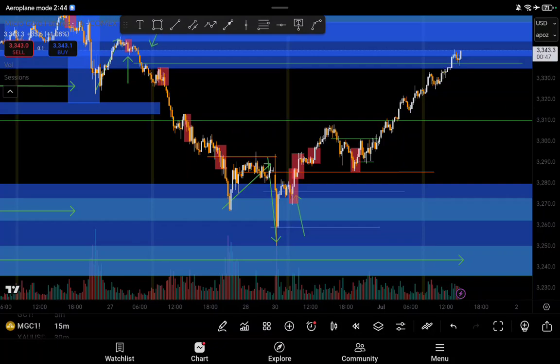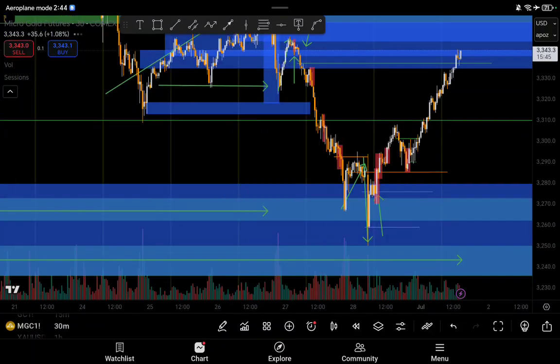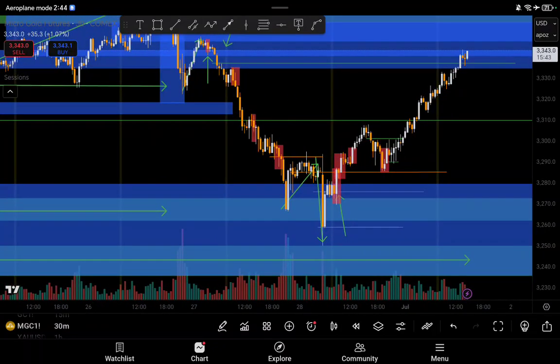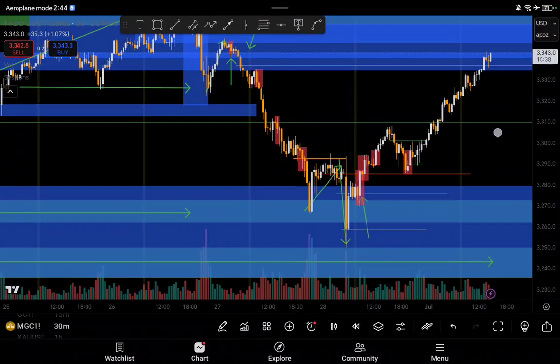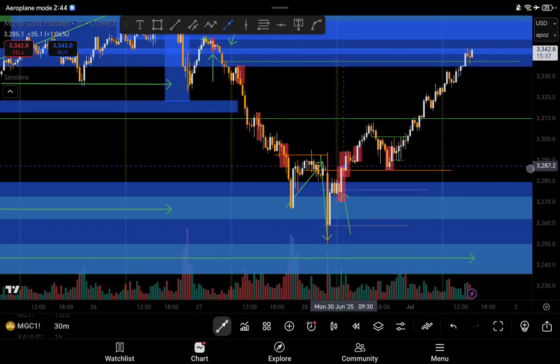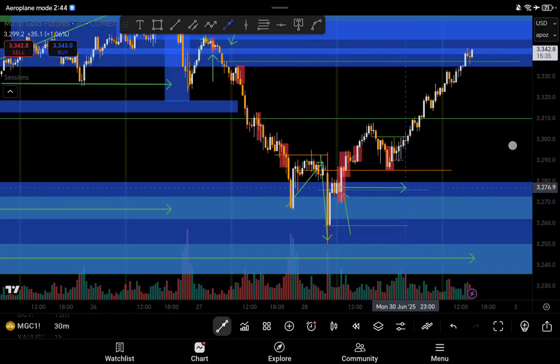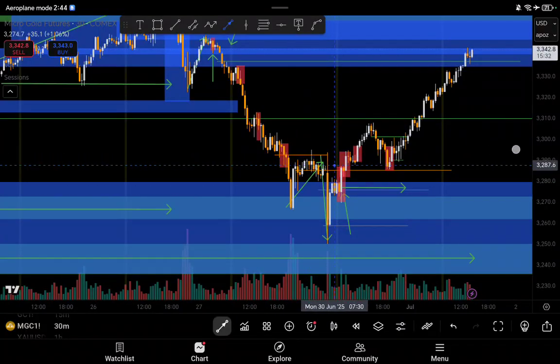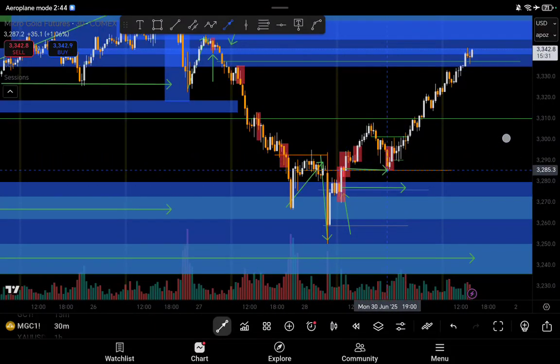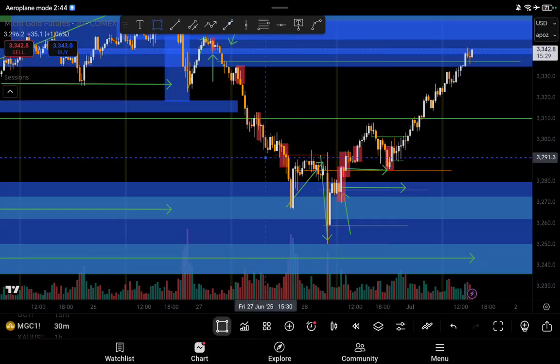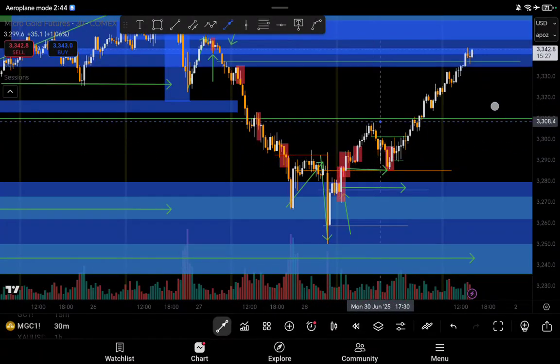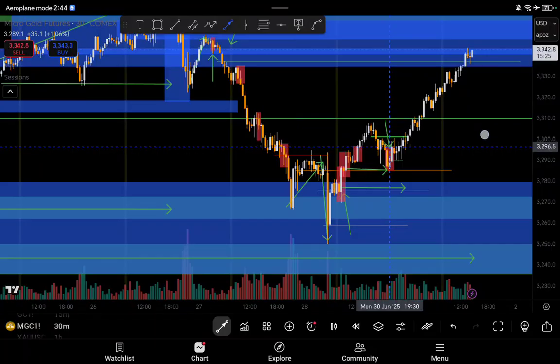Okay, you can look at M30. Okay, rally base rally zone. This is 1 and 2. Okay, and you can see that there's a buy coming over here.